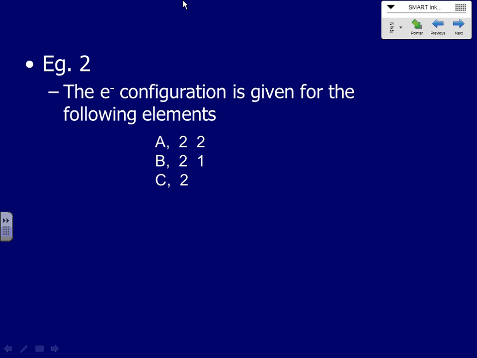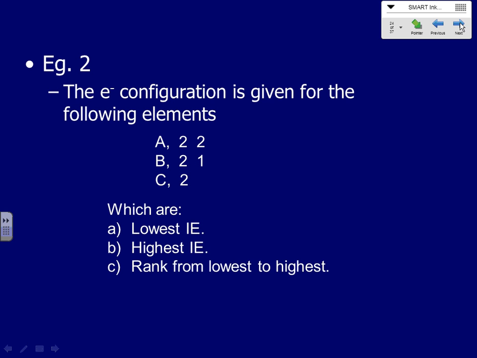The electron configurations for the following elements are given. Which have the lowest ionization energy, the highest, and rank them from lowest to highest. If you're given a question like this, I would put a chemical symbol for each. What element has the electron configuration 2-2?